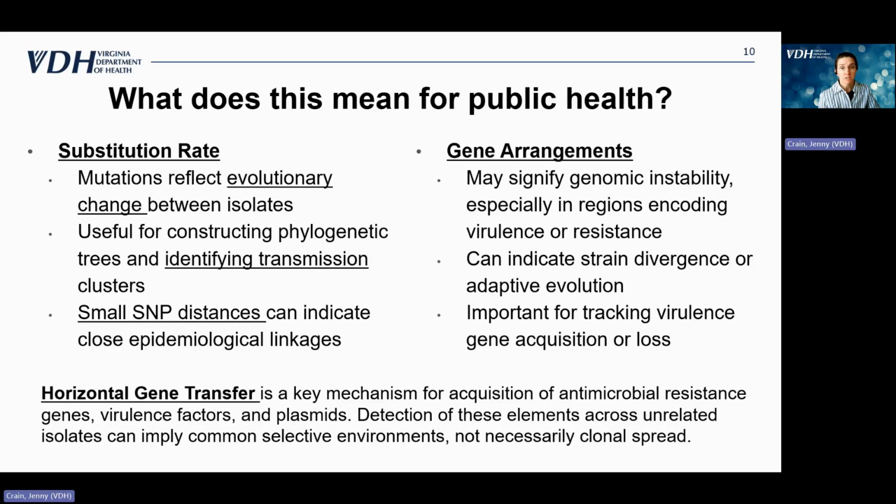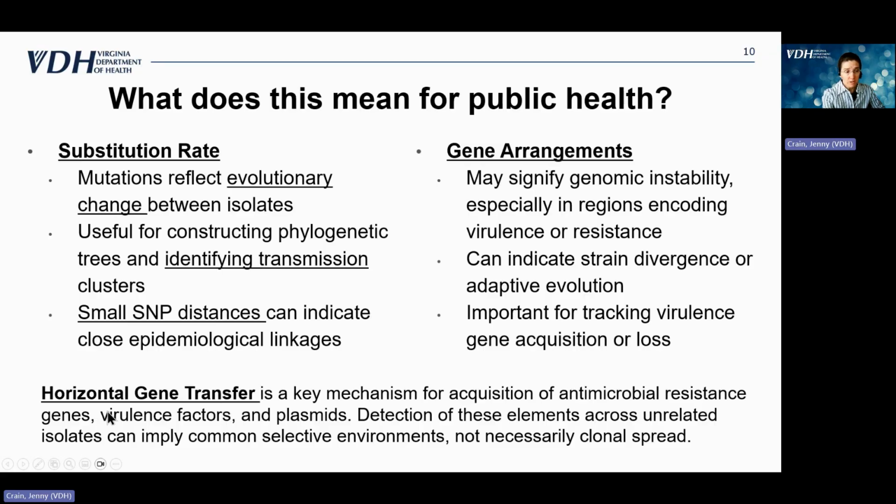Genomic rearrangements, as we said, can signify genomic instability, and these typically occur in regions that encode resistance or virulence. All of these rearrangements obviously indicate adaptive evolution, but they can also indicate a strain's divergence from ancestors. This is important for tracking virulence gene acquisition or loss.